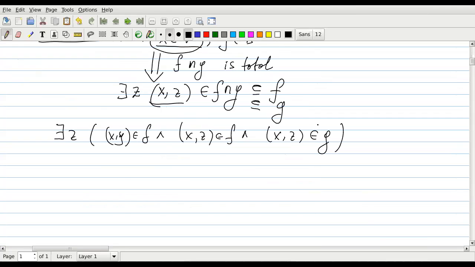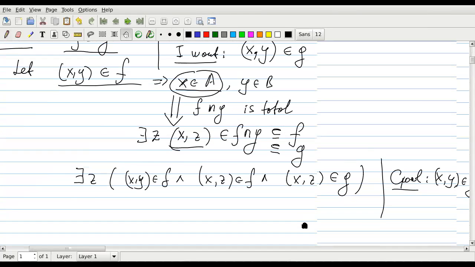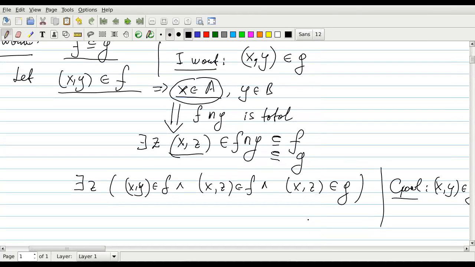So, what is my goal? My goal is that xy belongs to G. Can I derive it from this fact? Do you see any way to do so?